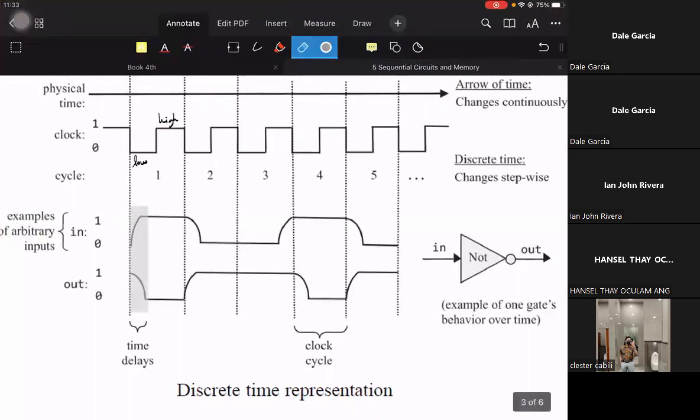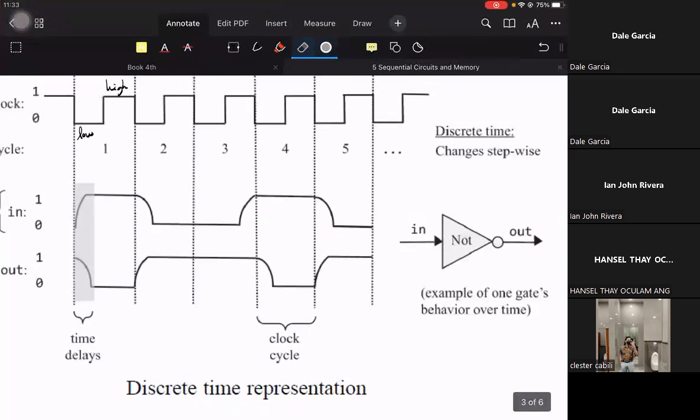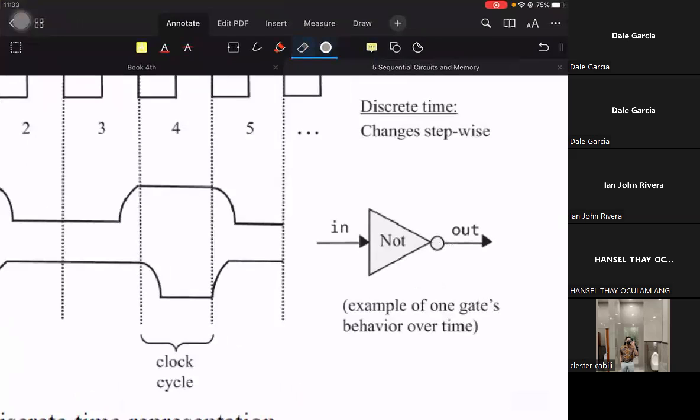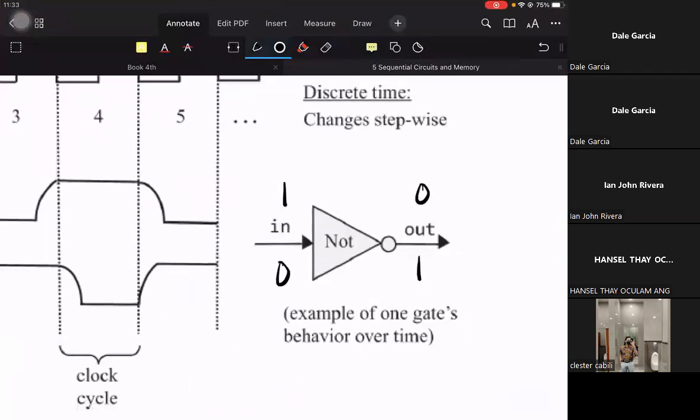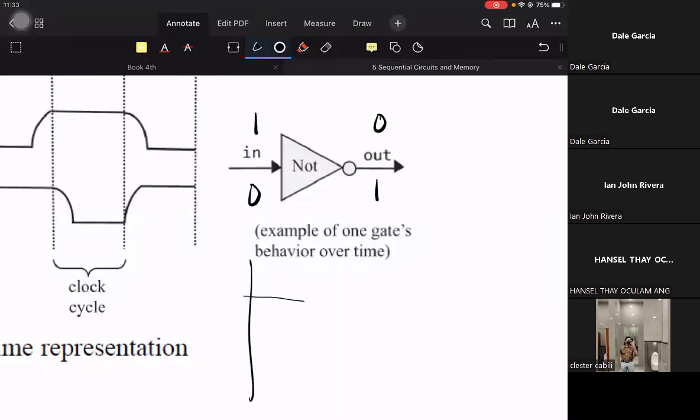So let's consider a particular logic gate, the NOT gate. If we do not consider time, of course, if the input is 1, the output is 0. If the input is 0, the output is 1. How will that look on the time plane?